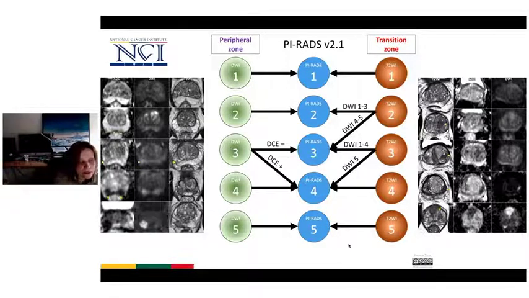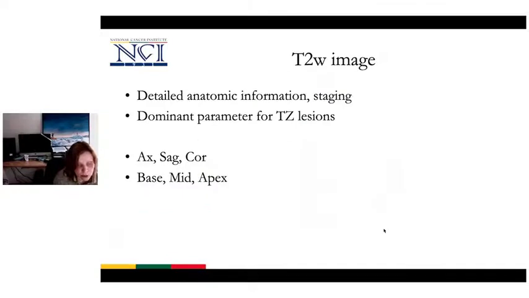At first, I would like to say that it's crucial to know in which zone we have the lesion, if it's in the periphery or in the transition zone. According to this, we make our evaluation on all the images. We use all the images that I have mentioned: T2, diffusion, ADC, and contrast enhanced images.